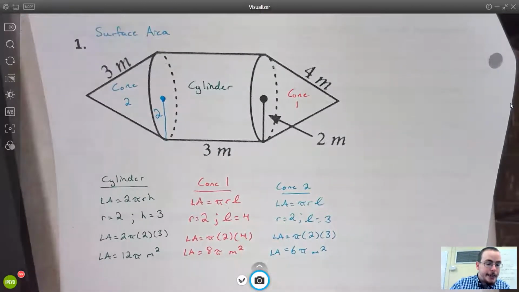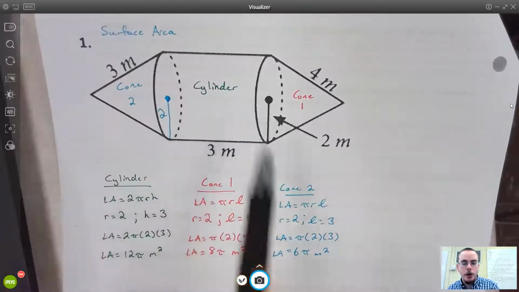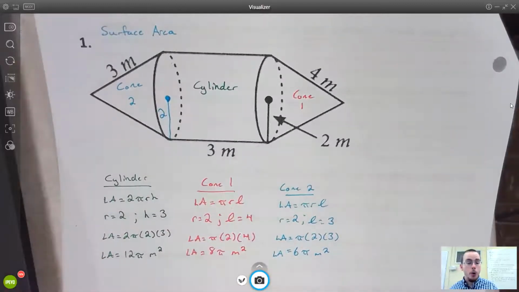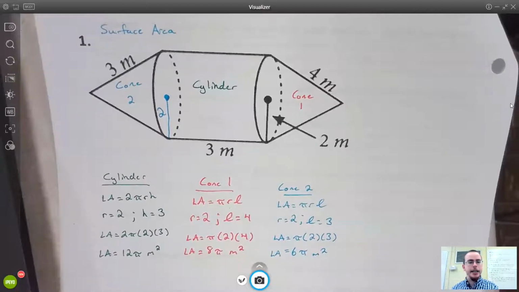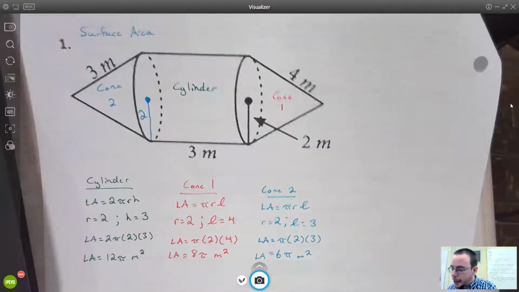Are we done yet? No, we're not. We've just found the lateral areas for all 3 of these shapes, but what we need to do is add them up together to get the entire surface area of this composite shape.